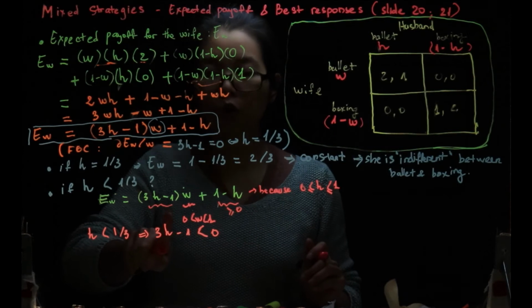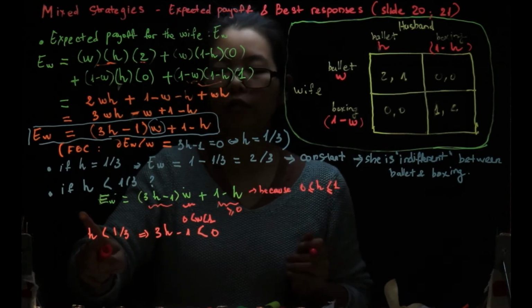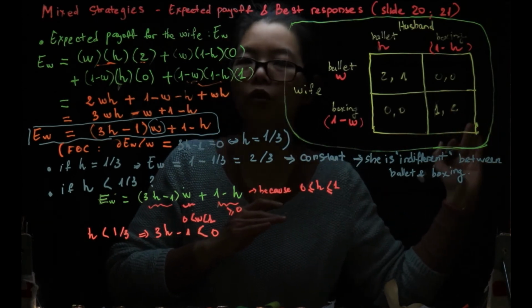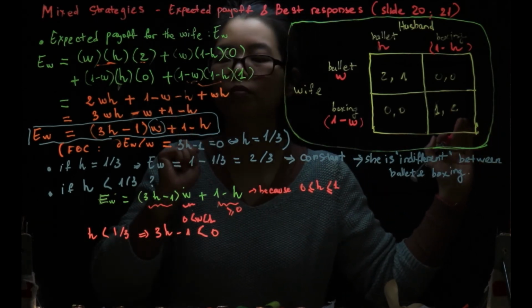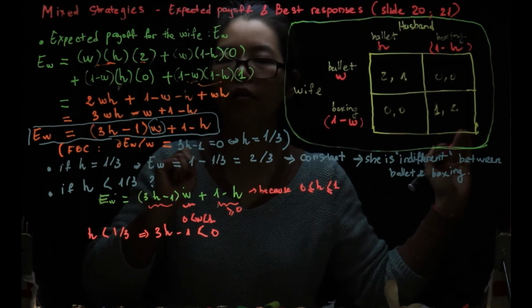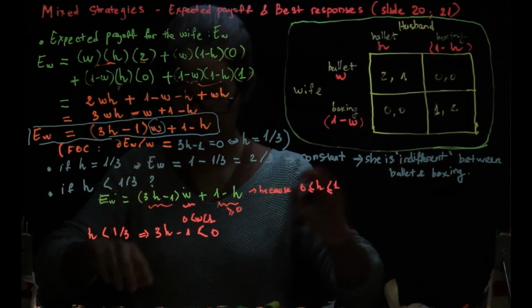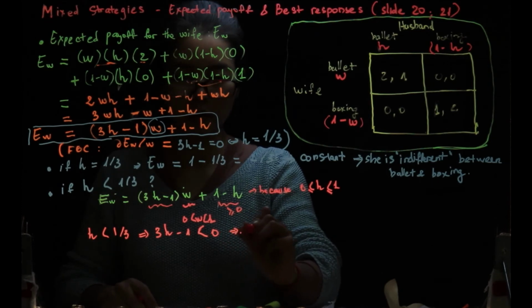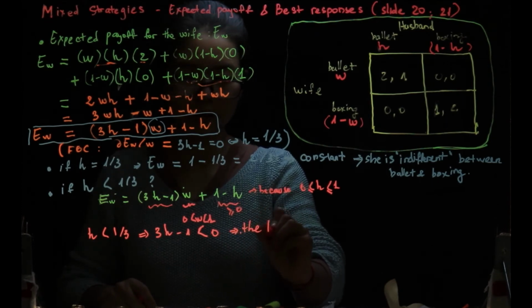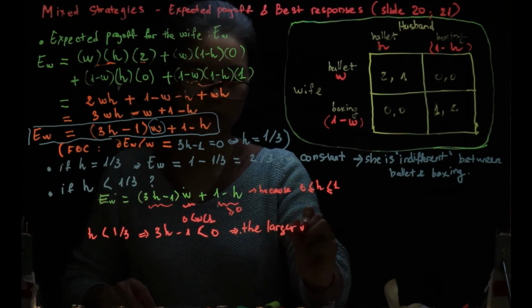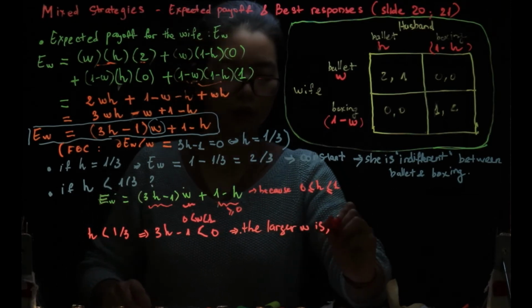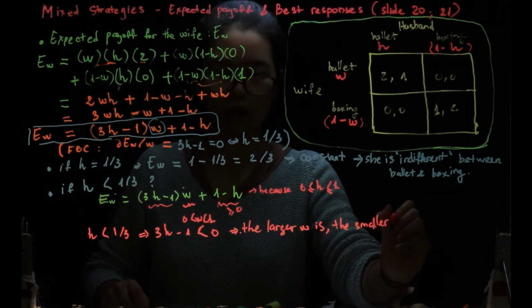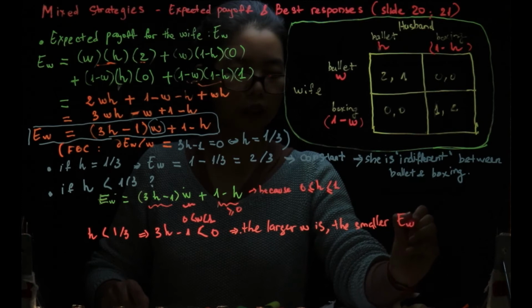And because the slope of this expected payoff function is negative, the more you increase W, the less payoff you will get, right? The larger W is, the smaller EW is.